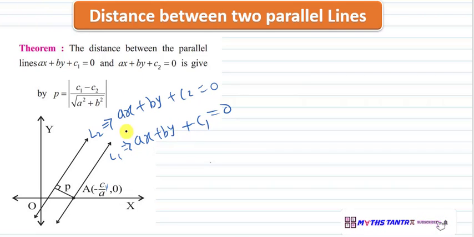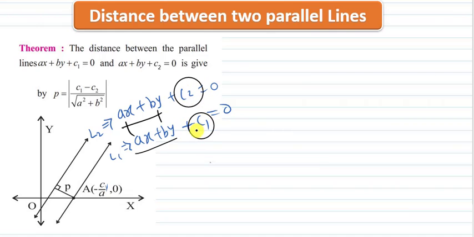Here you can observe, I have taken x coefficient and y coefficient as same, because these two lines are parallel, and always remember, when the two lines are parallel, their slope is equal. To make the slope equal, I have to take the coefficients of x and y the same; just the change will be in my constants.